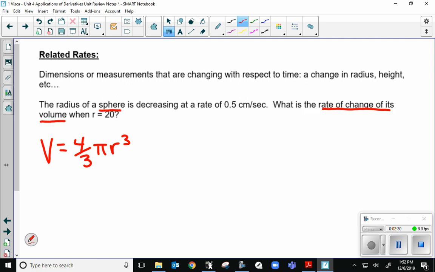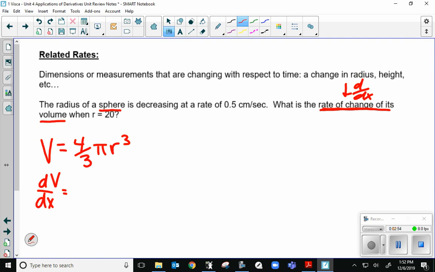We don't want the volume of the sphere. We want the rate of change. Rate of change is the same thing as slope, which is the same thing as derivative. So I don't want volume. I want the rate of change of the volume.